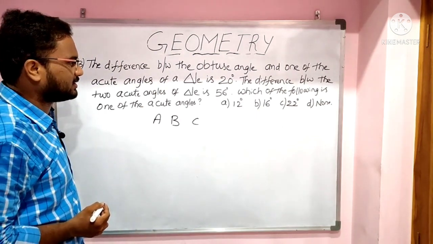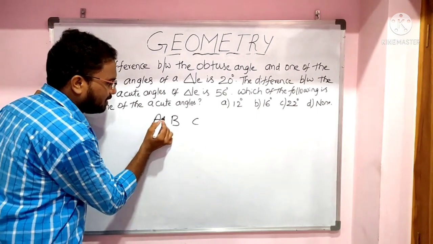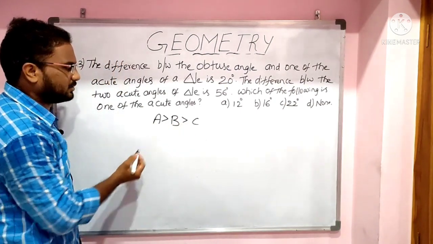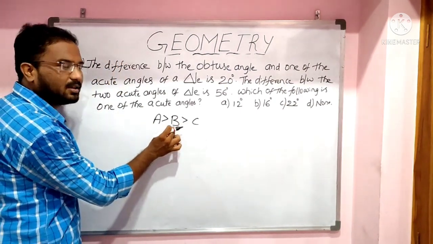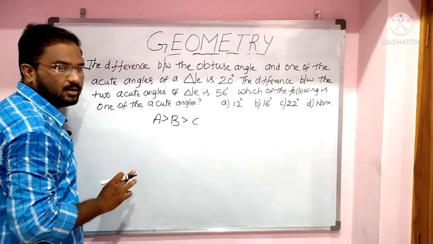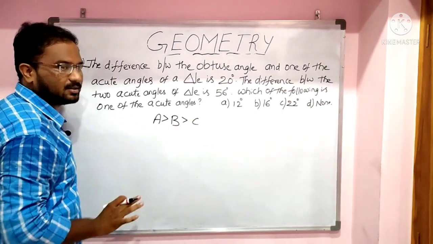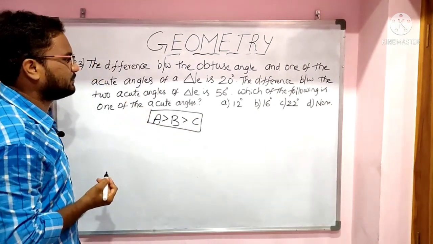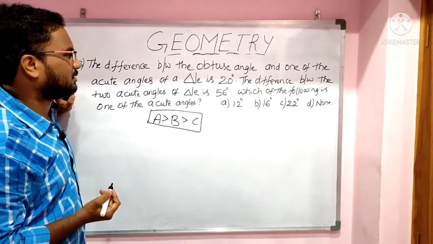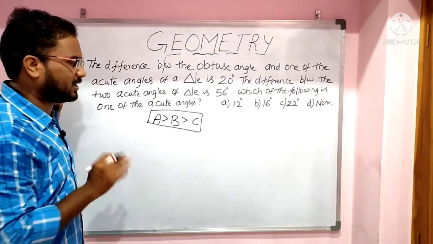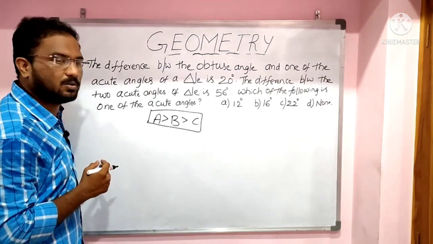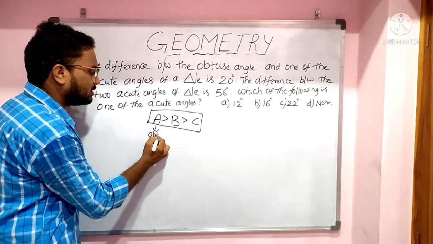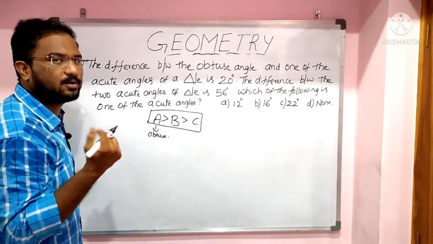Let us take A as the obtuse angle. So A is greater than B, which is greater than C. A is the highest angle, the second highest angle is B, and the lowest angle is C. A is the obtuse angle for sure, because in a triangle we have only one obtuse angle.